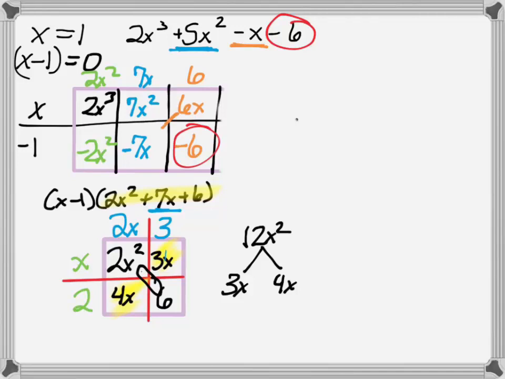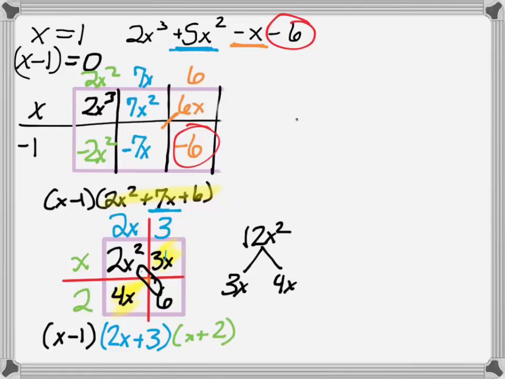So that gives us x minus 1, 2x plus 3, and the last one being x plus 2. So if it asked us to factor it, this is where I would stop.